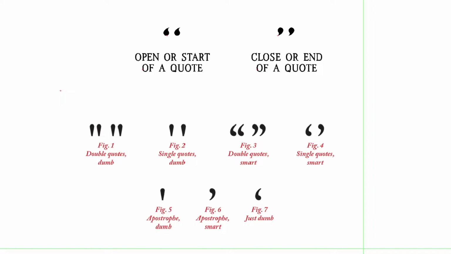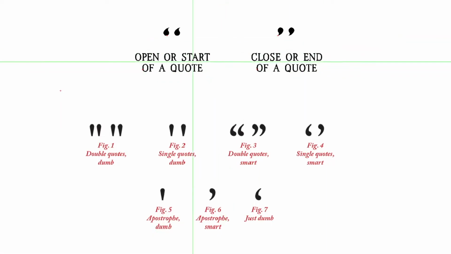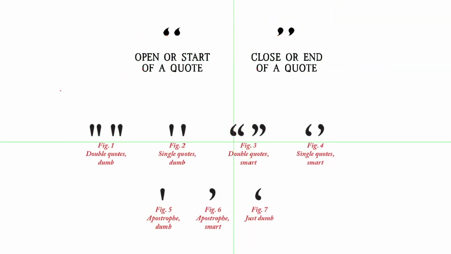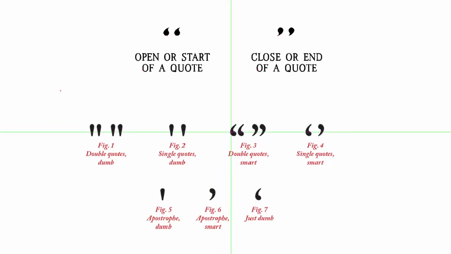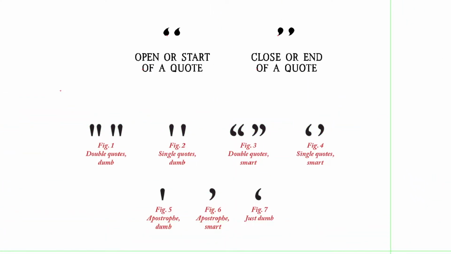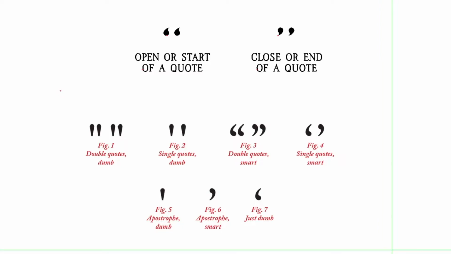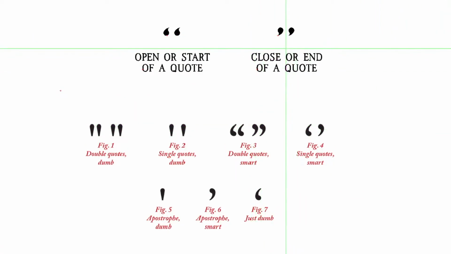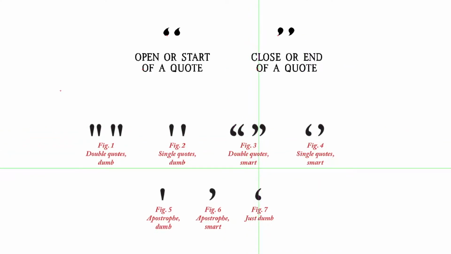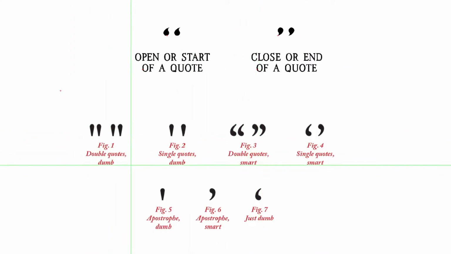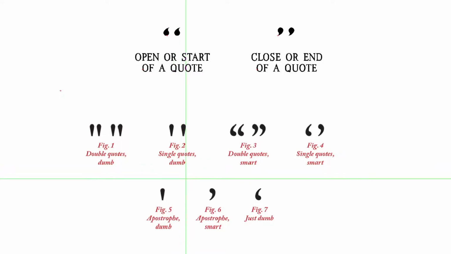This quote right here, or this one, that is the beginning of a quote or the opening of a quote. These have the heavy part on the bottom, and for a quote to close or end, the heavy part is on the top, like this. So those are called smart quotes, and the ones that are straight up and down are called dumb quotes. There's also smart apostrophes, that type of thing.